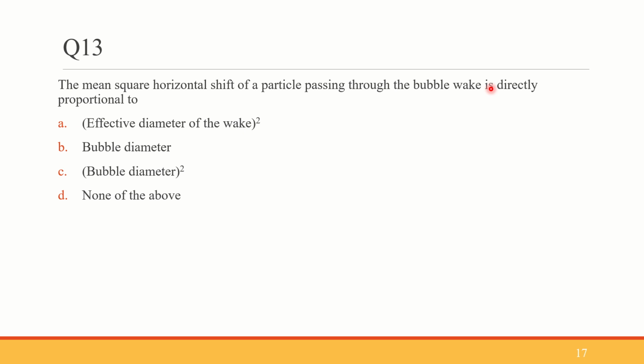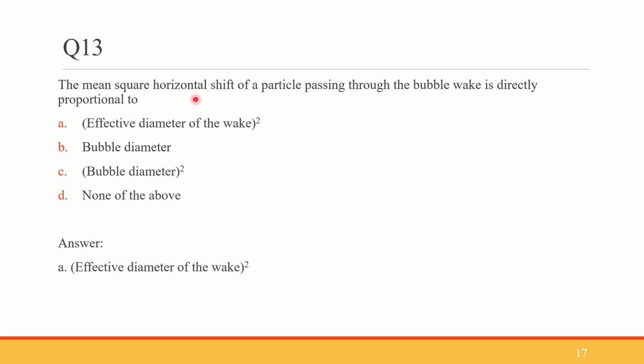So in the question it is asked about the mean square horizontal shift of particle passing through the bubble wake is directly proportional to, the answer is effective diameter of the wake square.